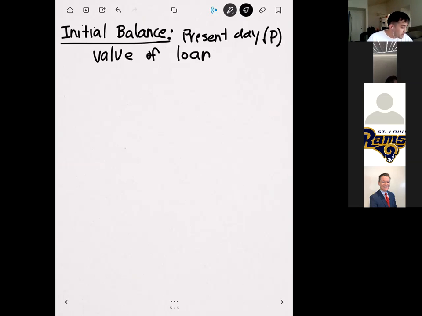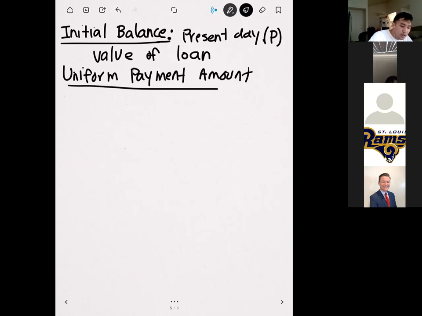Interest rate is interest rate, and number of payments, I think those are pretty self-explanatory. Next, let's go over the uniform payment amount. This is the amount of money that you're going to pay in each pay period, so every month, every year, or whatever the arrangement on your loan is.